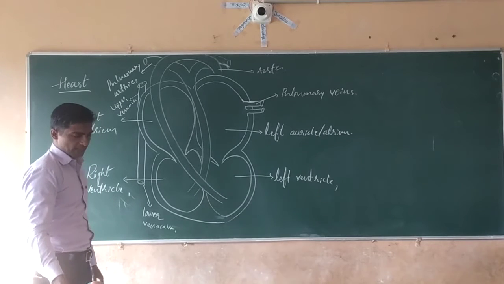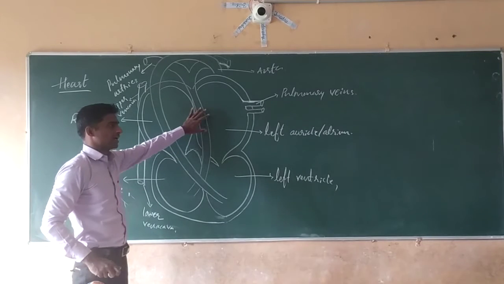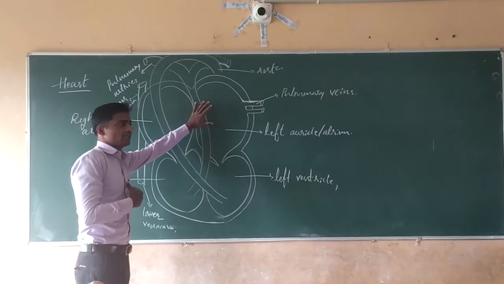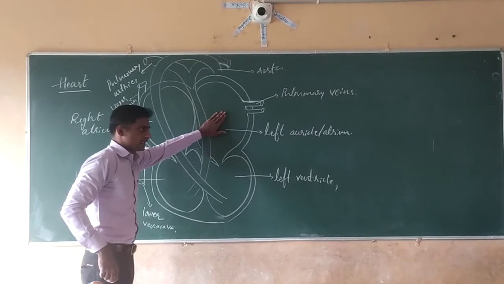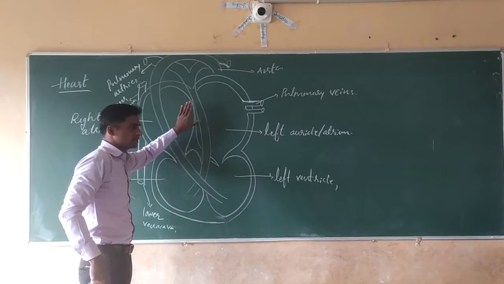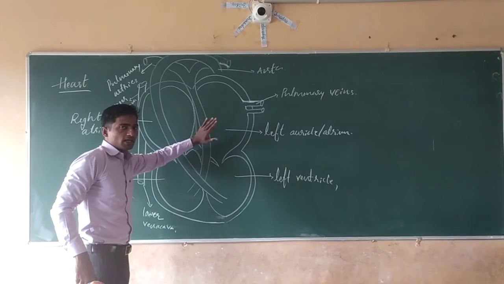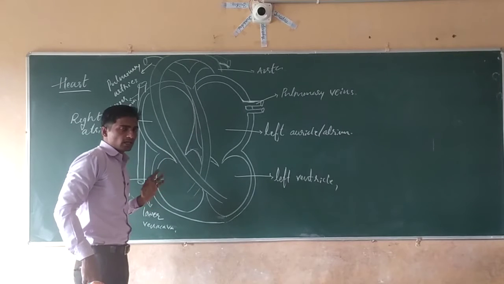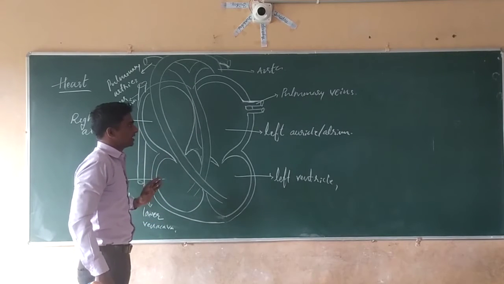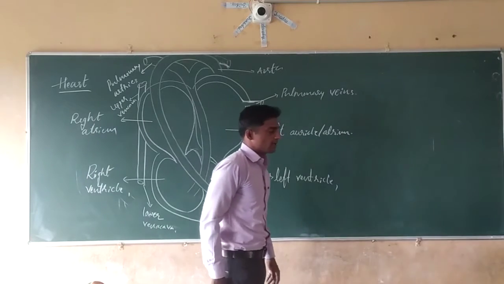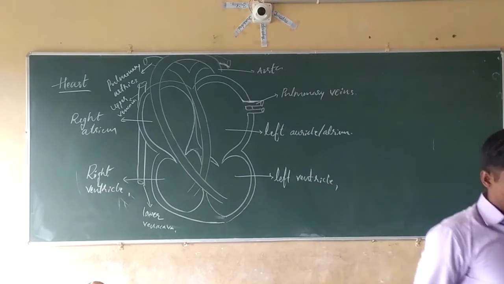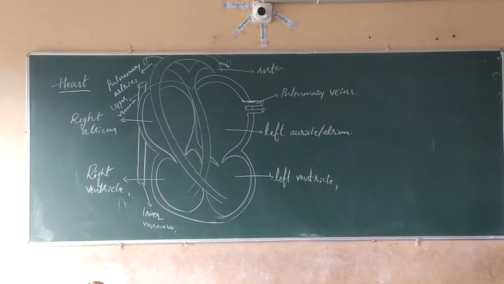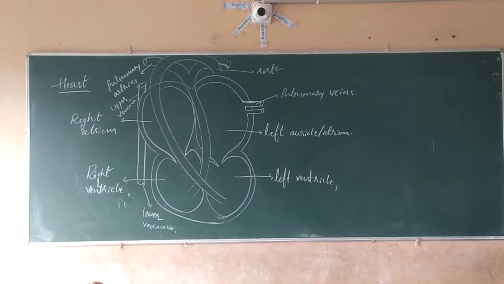Heart is a muscular organ present in the thoracic cavity in between the two lungs. The human heart is made up of four chambers, and that heart shows contraction and relaxation continuously. Meanwhile, it produces the sound lup and dup. See here, the human heart contains four chambers: two upper chambers called the atriums or auricles, and two lower chambers called the ventricles.